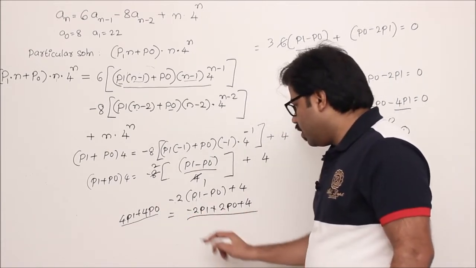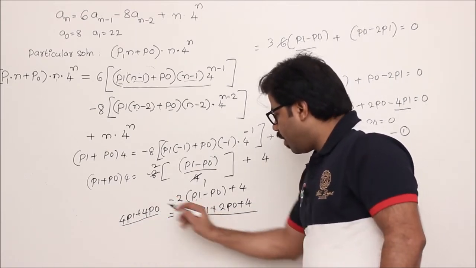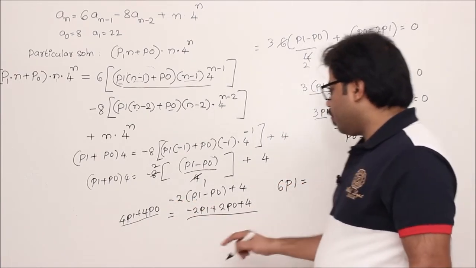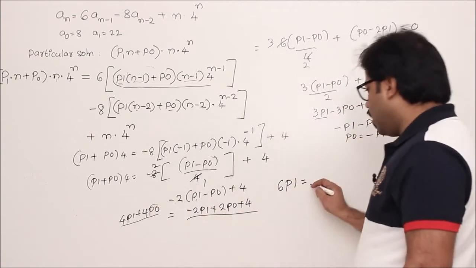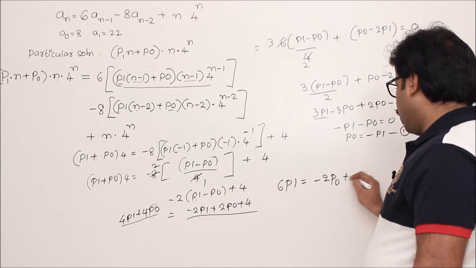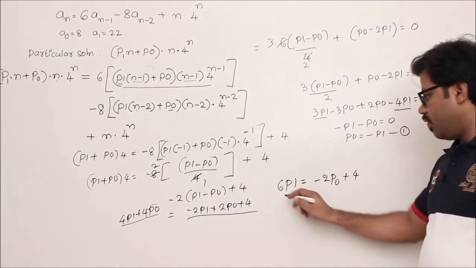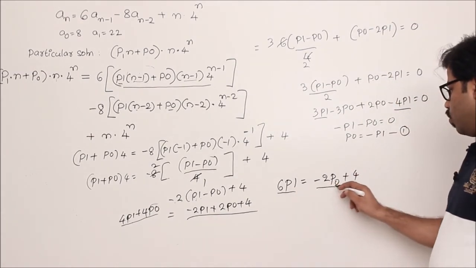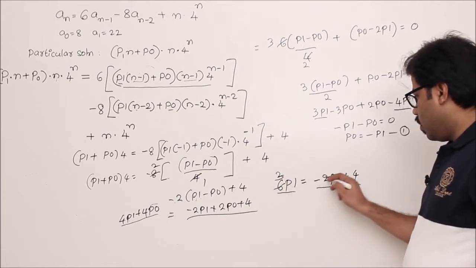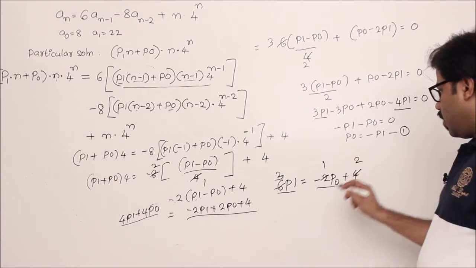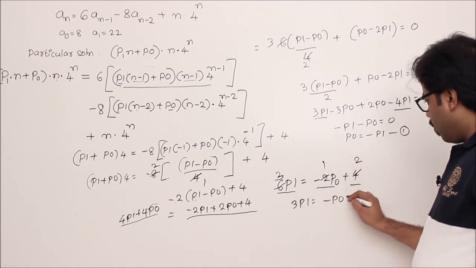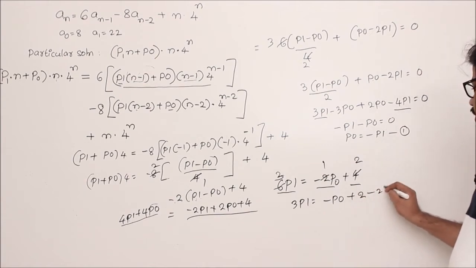So if you simplify it, 4P1, and if I send minus 2P1 that side, it will become 6P1 equal to, if 4P naught comes this side, it would be minus 2P naught plus 4. So you got one more equation, which is nothing but 6P1 equal to minus 2P naught plus 4. If I cancel it with 2, 2 3s are 6, 2 1s are 2, 2 2s are 4. Then it would become 3P1 equal to minus P naught plus 2. This is equation number 2.